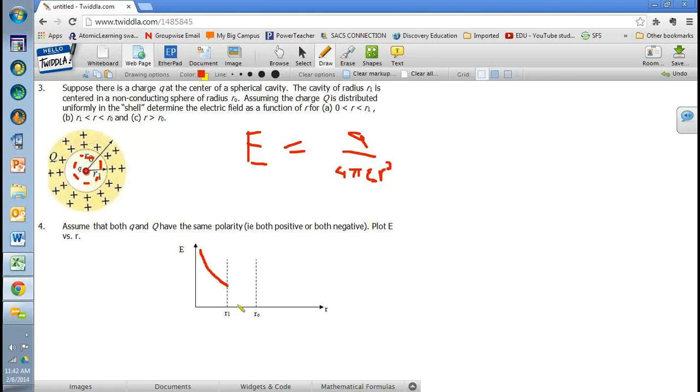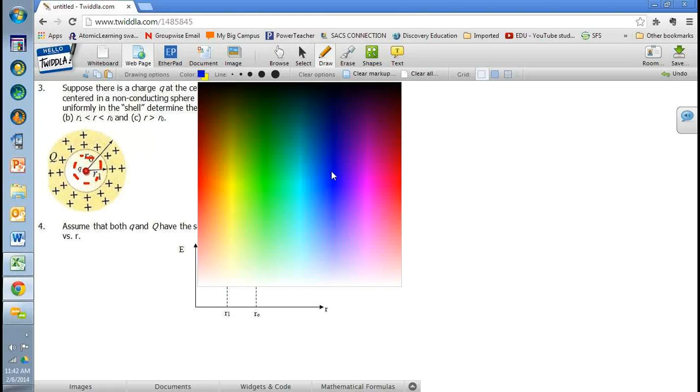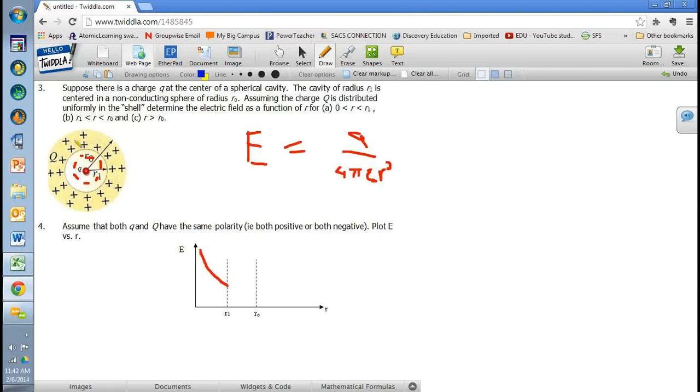Okay, so the next part, and I think this is going to be the last thing we're going to have to leave you with. I'm not even sure we'll be able to whiteboard, or we're not going to be able to present it anyway. But what question first? No questions? Okay. This next part we're looking at is for R between R1 and R0. So let me go ahead and draw in the Gauss surface. We're talking about a Gaussian pillbox surface in here.